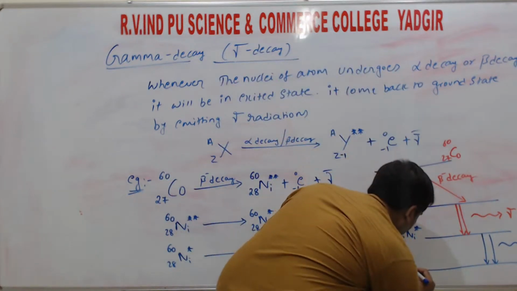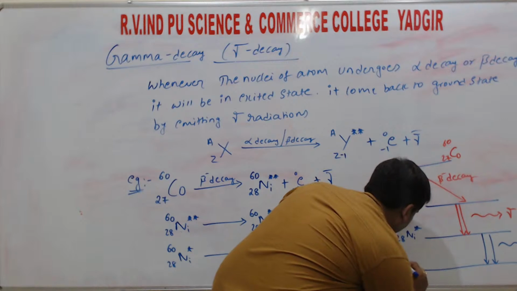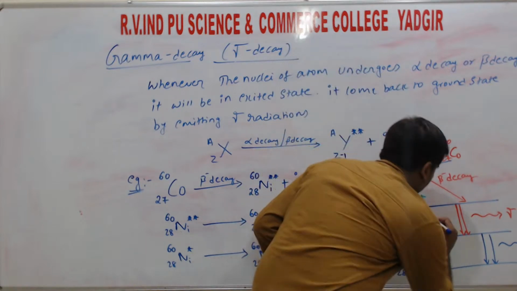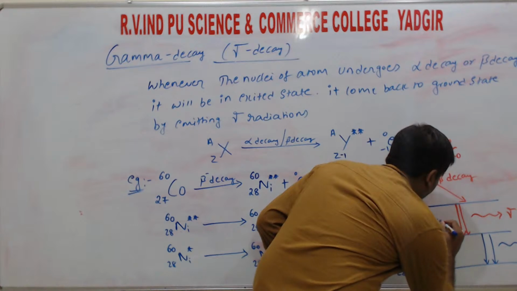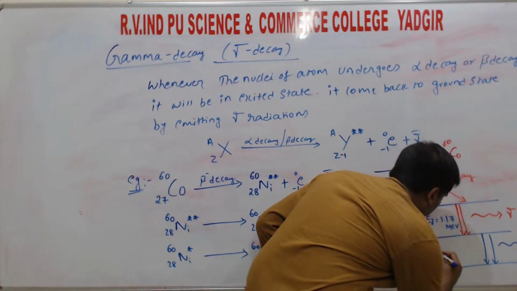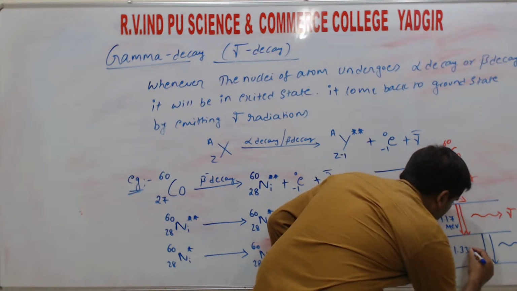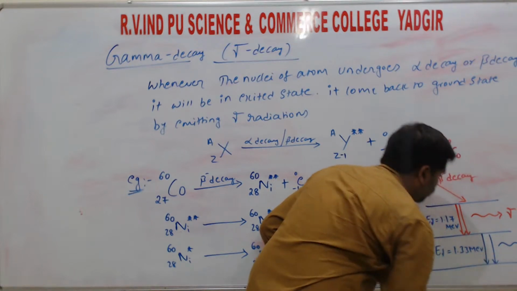So this one is in the ground state, 60, 28, right? Here the energy of the gamma radiation is 1.17 mega electron volt, and here the energy of the gamma radiation is 1.33 mega electron volt.